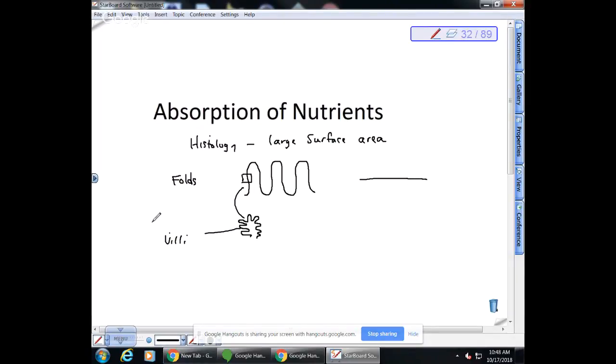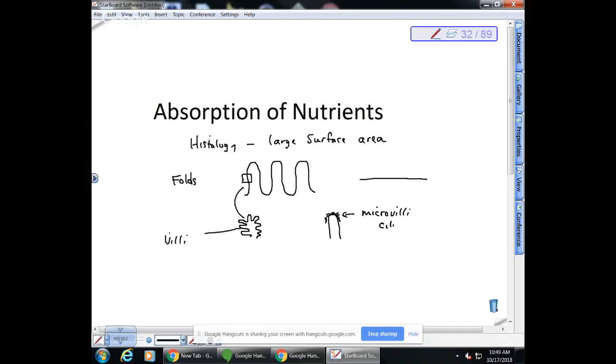And then if you looked at one villus, the surface is composed of cells, but the cells have this cilia, and this is called the microvilli. So each of the cells on the villi have cilia called microvilli.